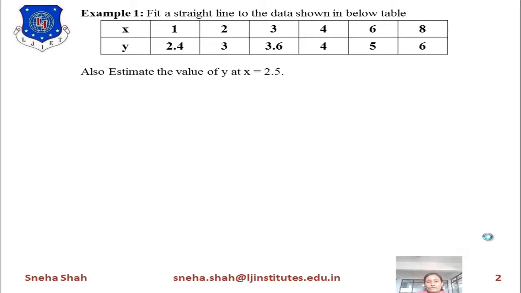Then use the value of x to find the estimated value of y. In this equation, you have to use x equals 2.5 to find the value of y. So I start this example by making one table.